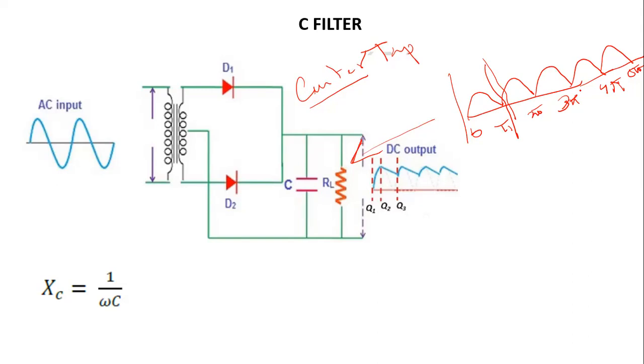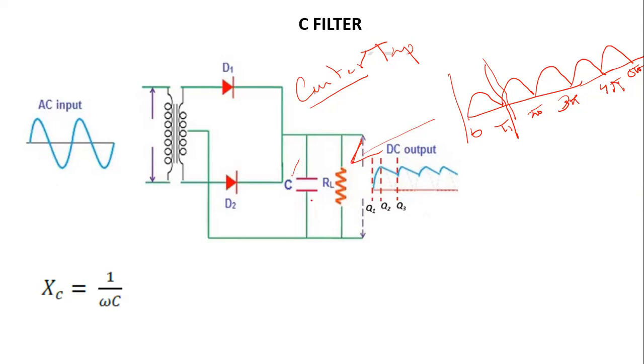Now, in order to filter out the AC component, in what is called the C filter, we connect a capacitor C in parallel with the load resistance. So this is your load resistance, and you are connecting a capacitor C in the output circuit.